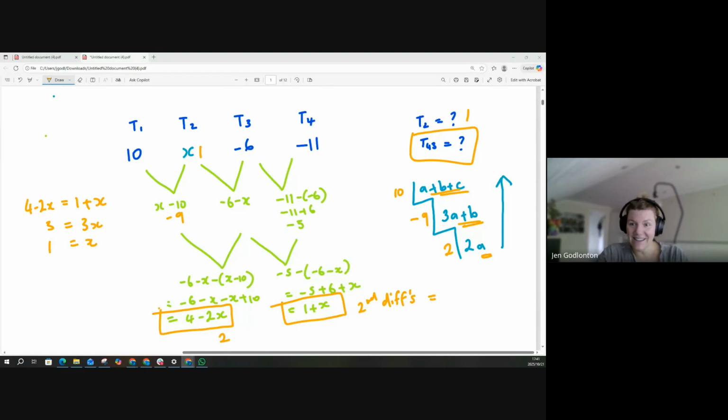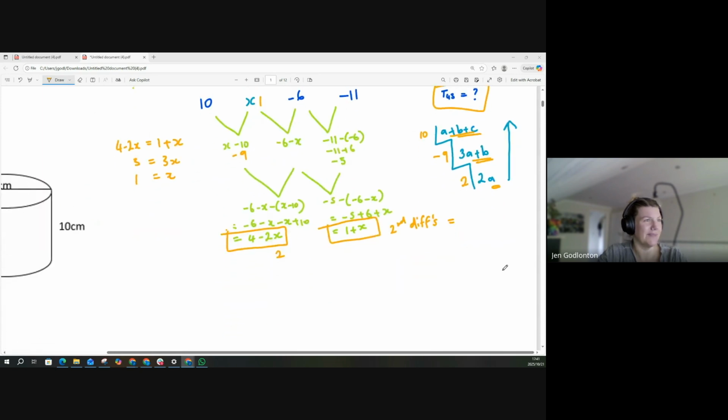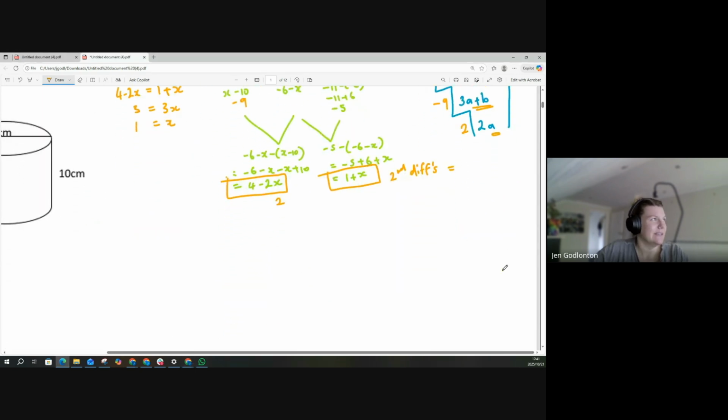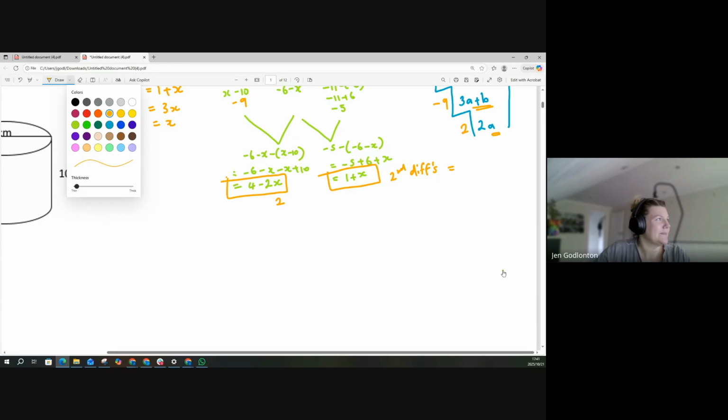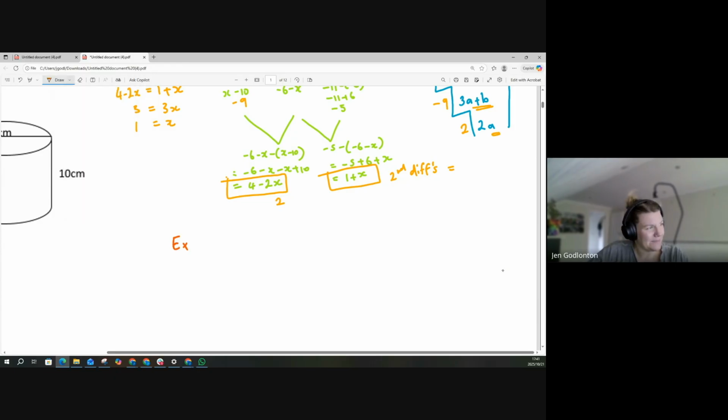Okay, then for the other question that came in here. Explain why negative 2n squared plus 9n minus 11 will never have a positive term.